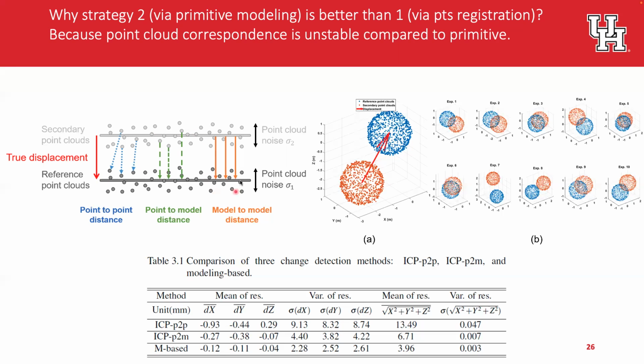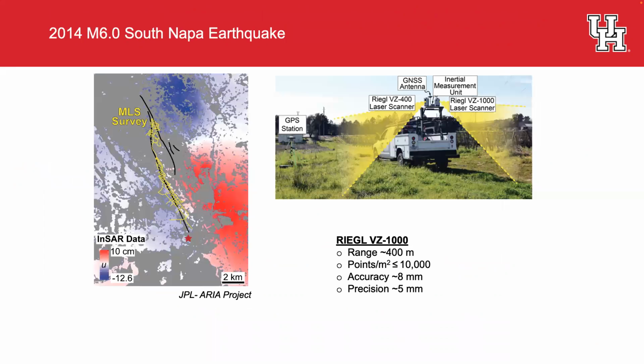But if we use model to model, we're reducing the noise of the model by averaging over the surface. If you have 1,000 observations of the plane, your best fit plane is going to be a better representation than any individual point. That's really the motivation behind it. Based on this, we were fairly confident it would work, but we wanted to actually test this on a real data set.